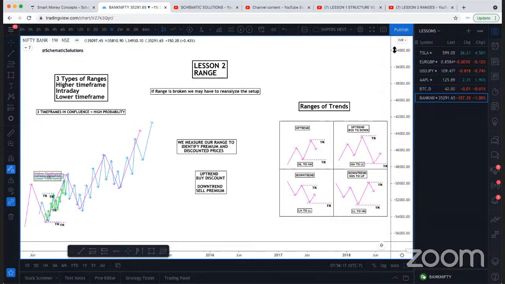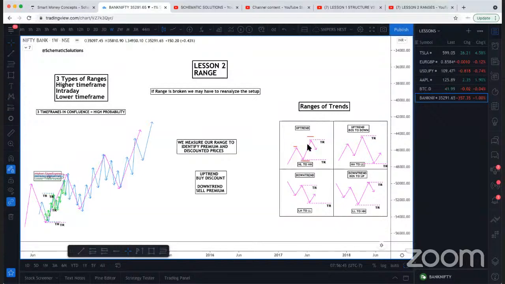So now, before we dive into an actual little example, let's understand the ranges based off of our trends. This is something that really allowed me to have my breakthrough and really understand structure a little better. So, in an uptrend, keep in mind we have higher highs, higher lows, higher highs.